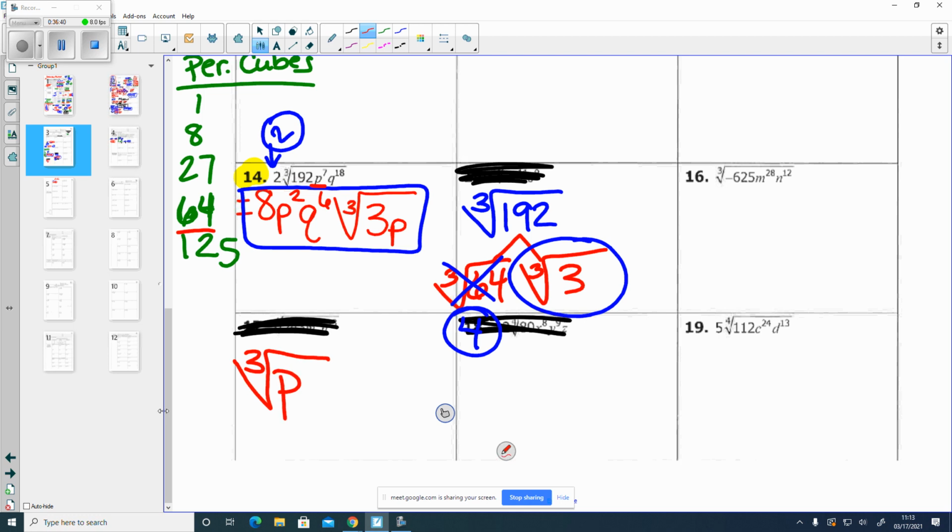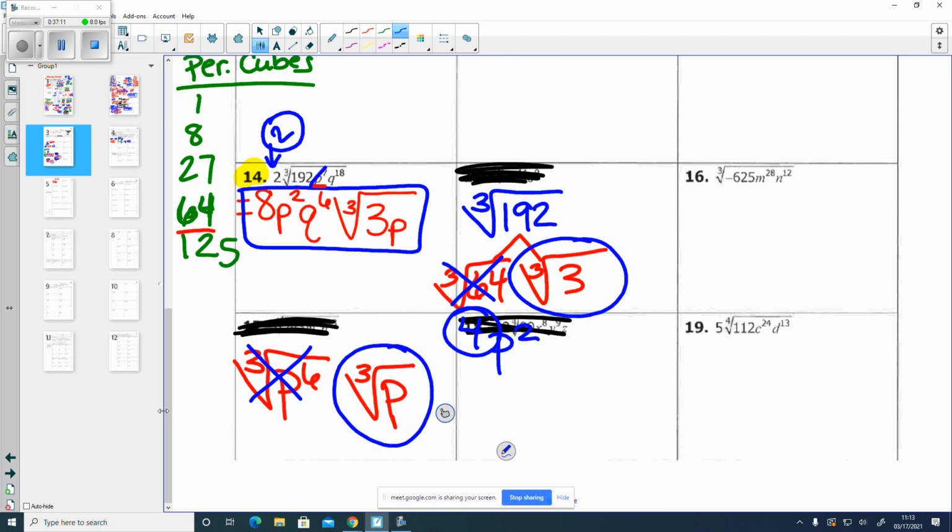We need the exponent to be a multiple of the index. 7 is not a multiple, so we need to take one of them out. Then the shortcut is divide it. So 6 divided by 3 is 2. So we're going to get p squared, and then we still have this left over.